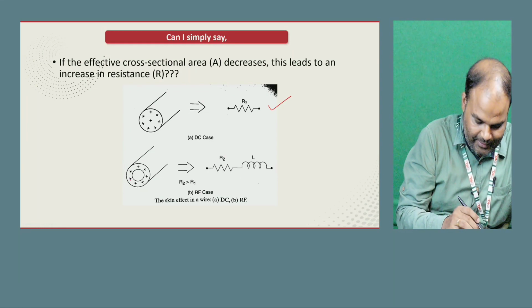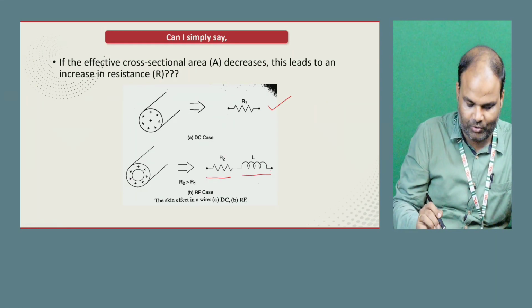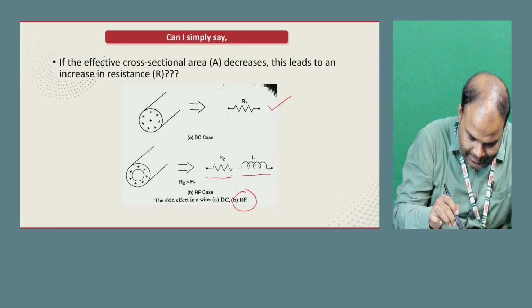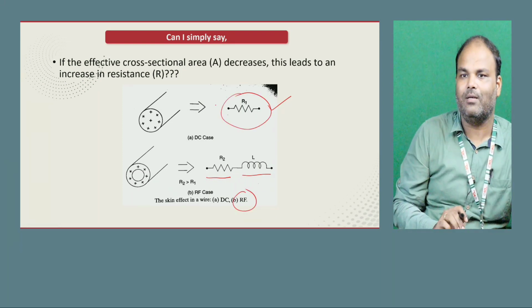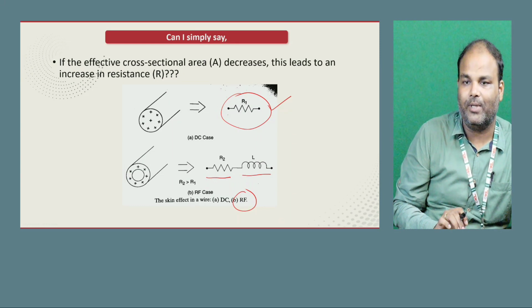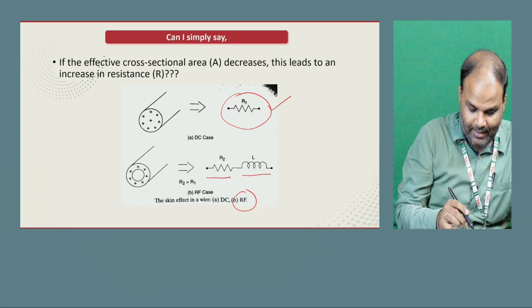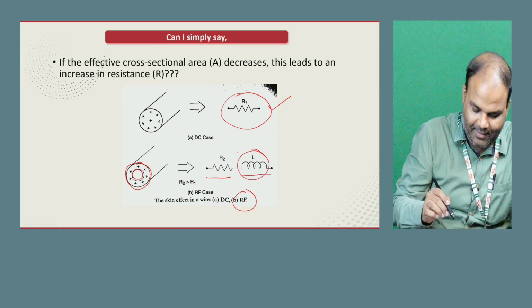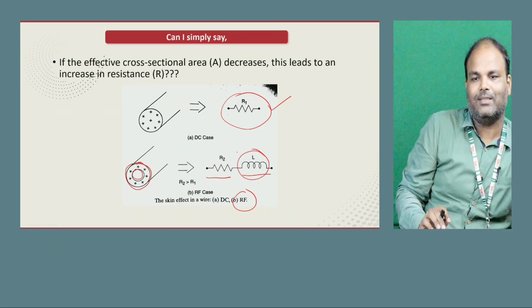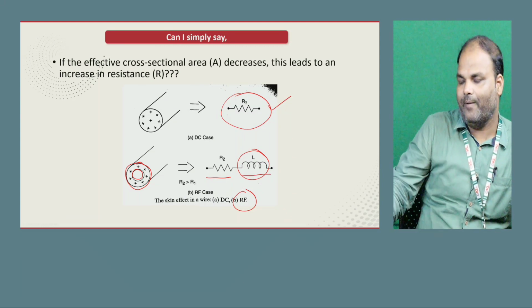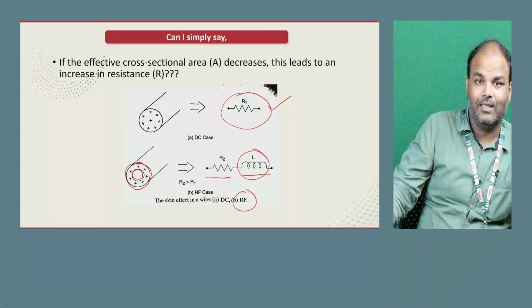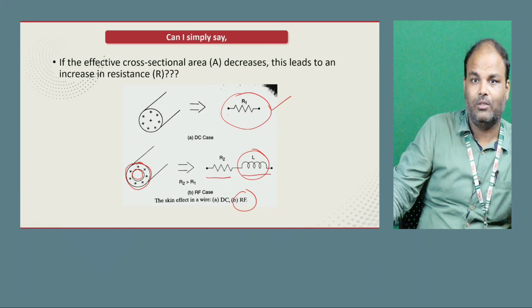In the DC case we get R1 like this. But in the RF case, due to this, it behaves like an inductor. So resistance is there, but it also behaves as an inductor, so the resistor and the inductor are in series in the RF case.